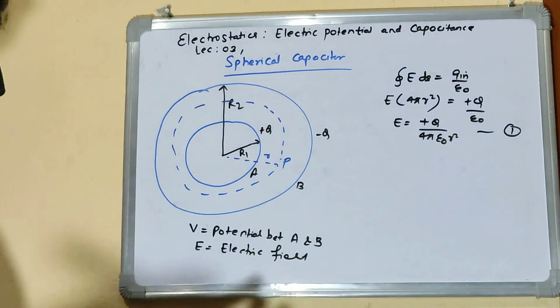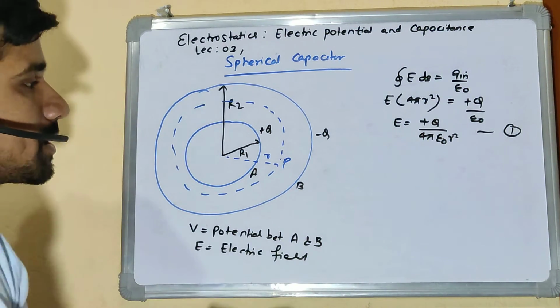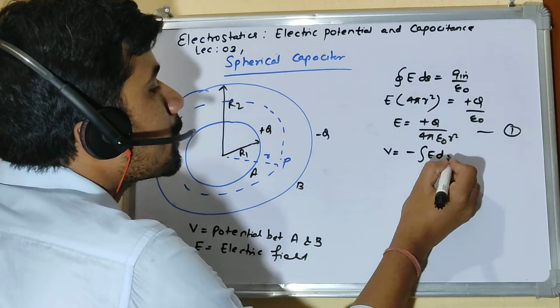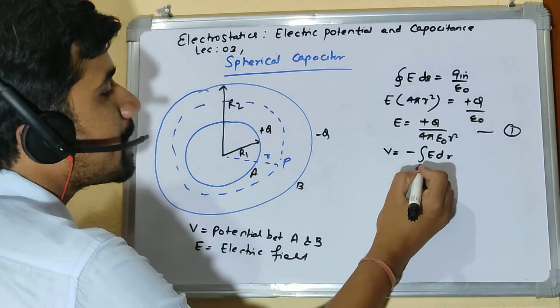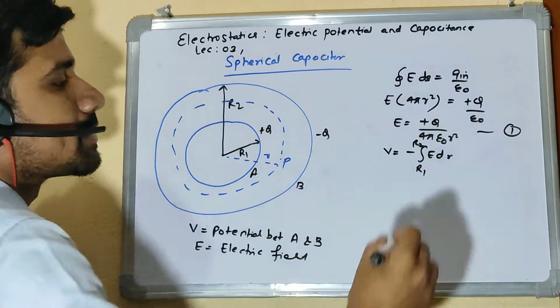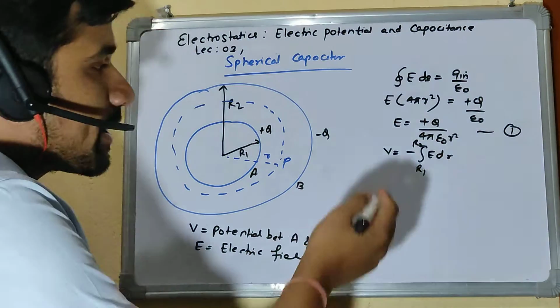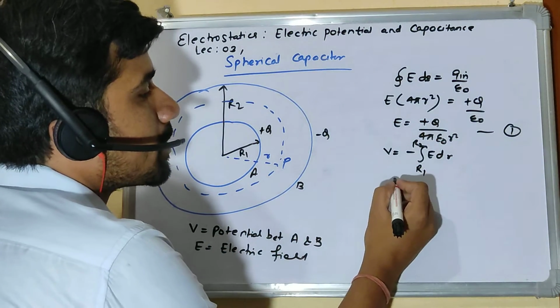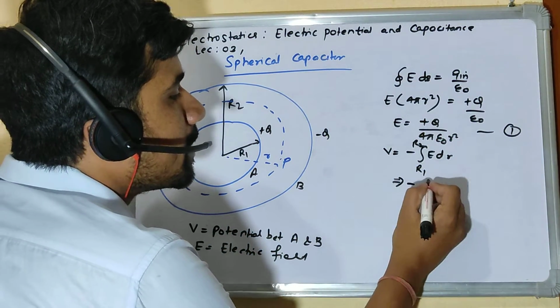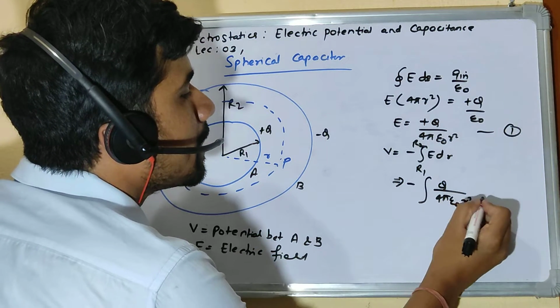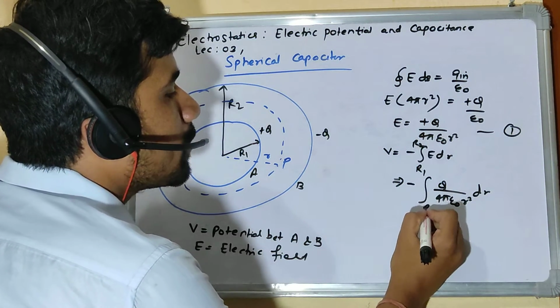Now the potential between these two, we discussed, is nothing but the negative integral of E dr, with limits from R1 to R2. This is the relation between V and E. If I calculate the potential from this integral, it is the integration of q by 4 pi epsilon naught r square dr from R1 to R2.